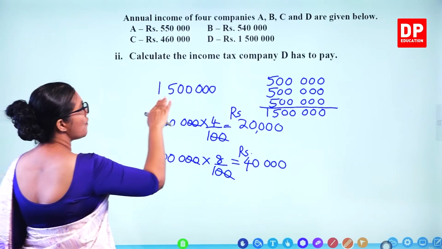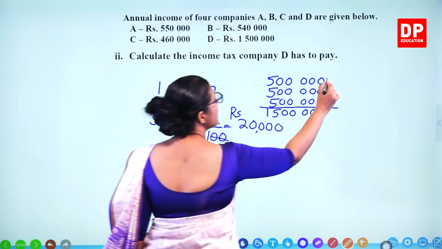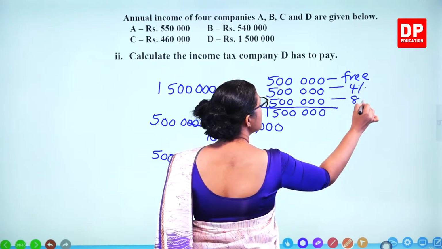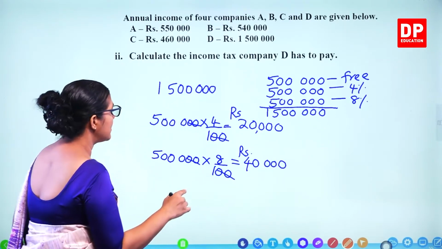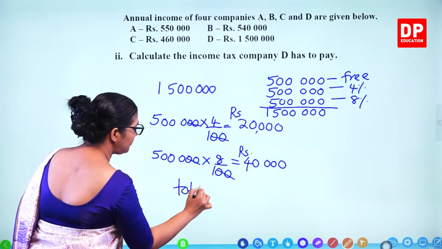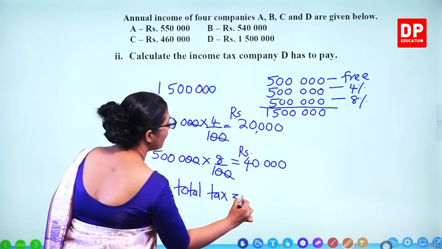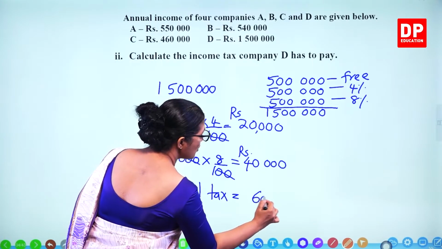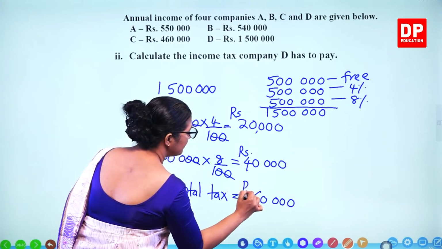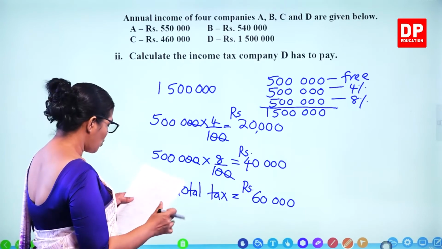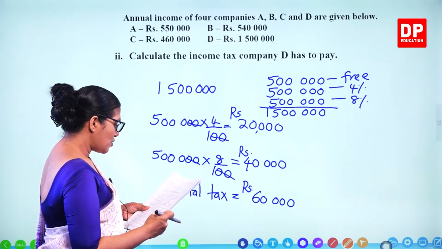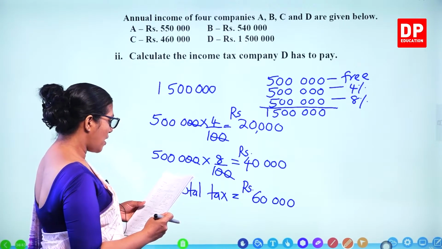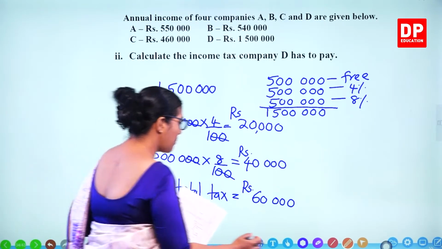So first 500,000 free, this is 4%, this is 8% value. So the total tax, 20,000 plus 40,000, 60,000 rupees. So total 60,000 rupees. So how many marks for that? 3 marks for this step.